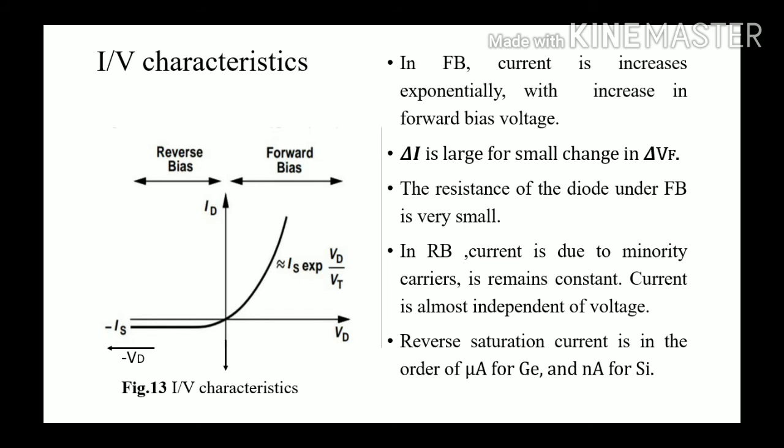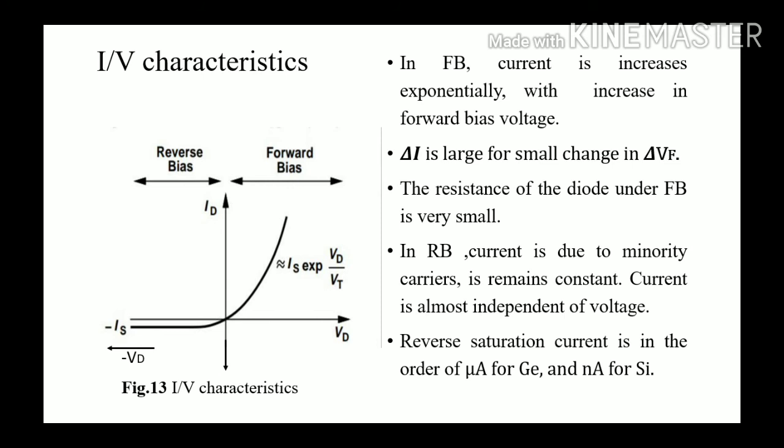Next we can see the IV characteristics of the PN junction. The figure shows the IV characteristics of the PN junction under both forward bias and reverse bias conditions. In forward bias, the current increases exponentially with increase in forward bias voltage. The change in forward current is large for a small change in forward voltage. Therefore, the resistance of the diode under forward bias is very small.